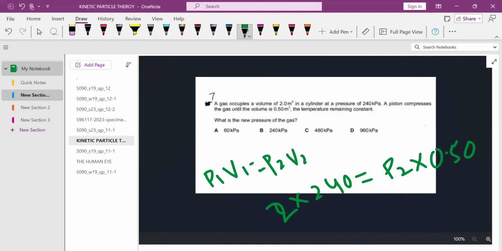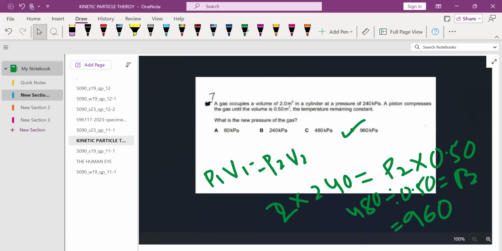Firstly, 2 into 240, which would be 480, divided by 0.50 equals P2. So when 480 is divided by 0.50, the answer comes P2 equals 960, which is option D, which is correct for question number 5.